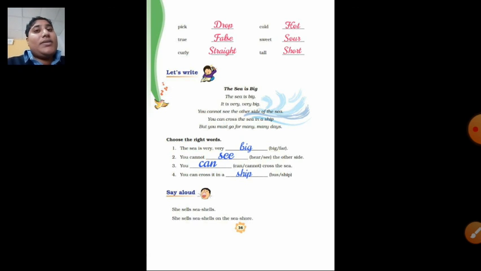Then we had a tongue twister that was very difficult to say, but you have to try it at home and send its audio. Now, we also had another poem that was Silence. It was about the sounds and the noises that people and animals or things make. Then we had to match those phrases with the picture. So we have completed this poem and its question answers and all its activity till page number 37.